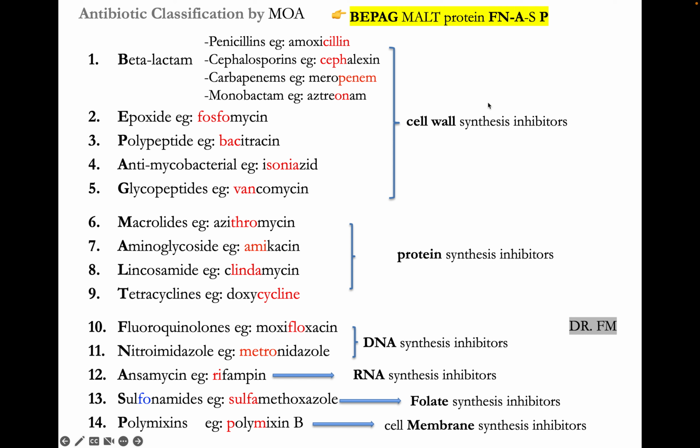But the FNASP is a little confusing for me. That's why I cross-check with another tip, Dr. Affam at the end. So here you go. D, DNA synthesis. R, RNA synthesis. F, folate synthesis. M, membrane synthesis. So usually I put all these four letters at the end and match with that.